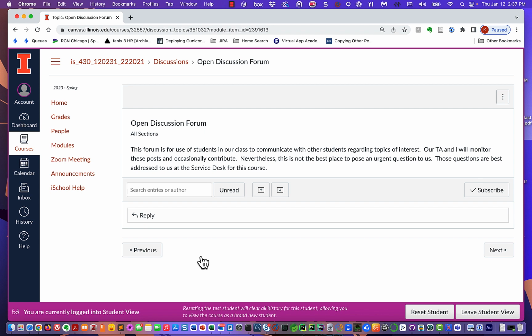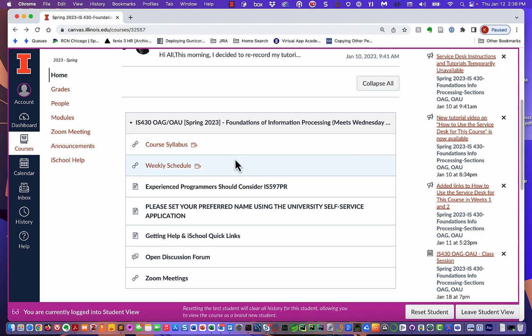We have the service desk, which is how we offer help. The open discussion forum is a way to communicate with other students in the class primarily. You might get help from other students though, so don't rule that out. But if you need help from me or from the TA, don't come here to get it. Go to the service desk for the course. I'll be talking about that momentarily.